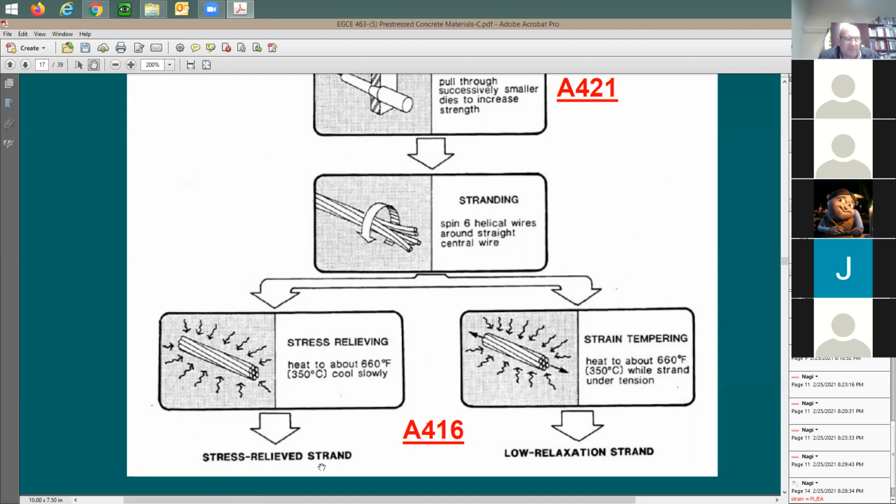Now we have taken all the stresses out of it, any residual stresses you're going to be getting rid of. But this one here, once you put tension, you heat it and let it cool down, the amount of elongation or permanent elongation or relaxation that is going to happen to the rebar is going to be much less. It's called here strand, not rebar.